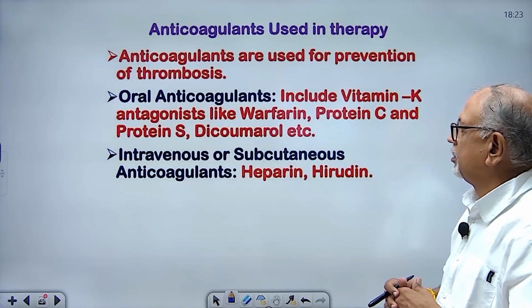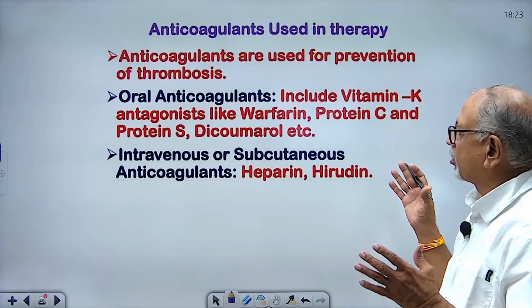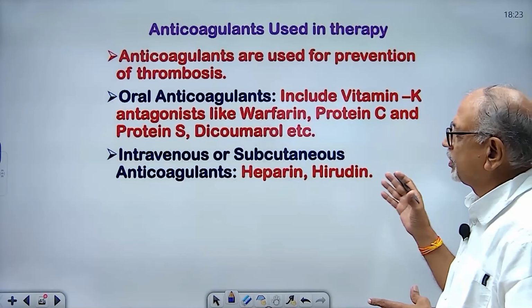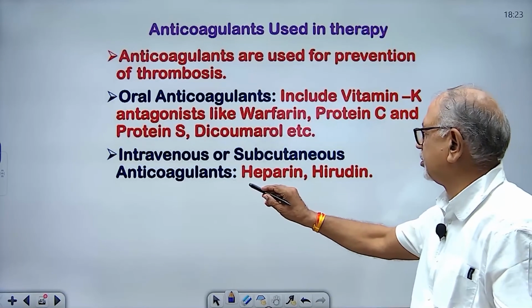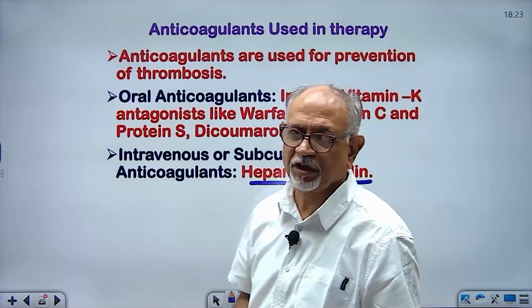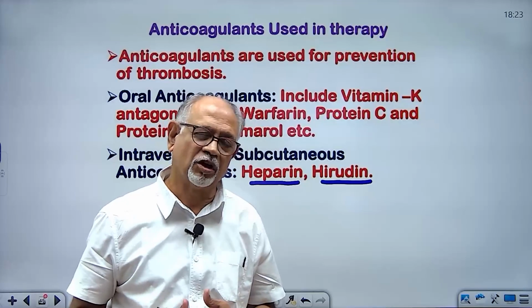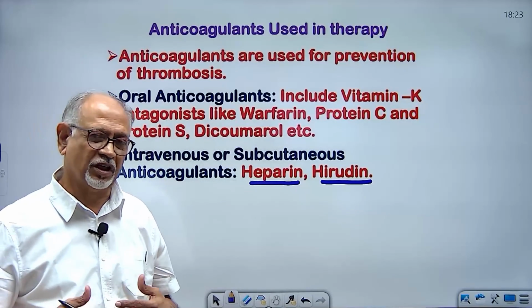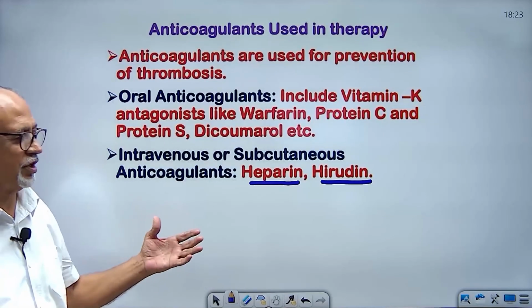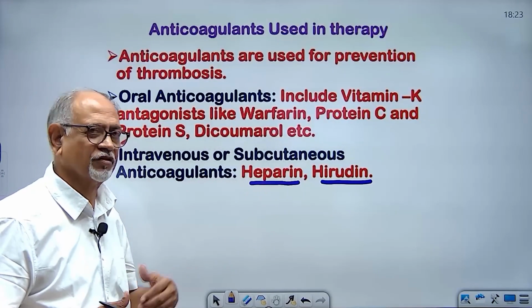Then dicoumarol. Intravenous or subcutaneous anticoagulants include heparin and hirudin. Hirudin is an anticoagulant of animal origin. The leech, which is known as hirudo, secretes an anticoagulant known as hirudin.